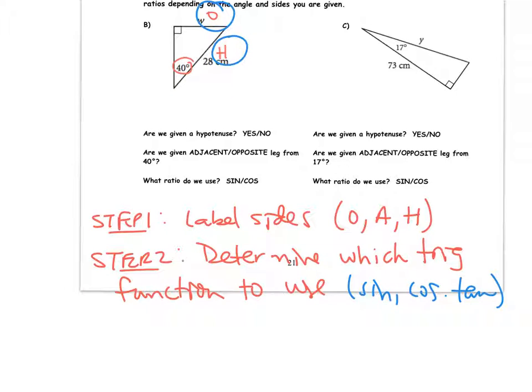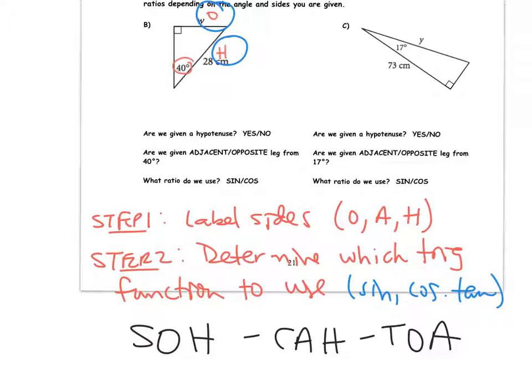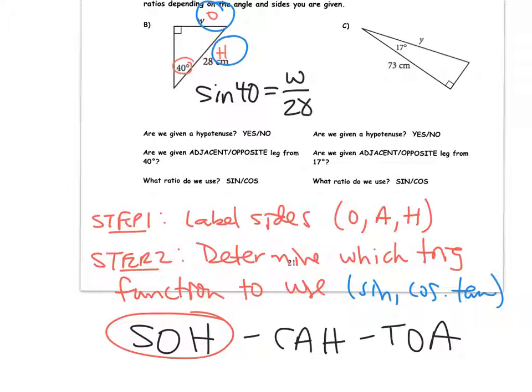Sine. So SOH CAH TOA. So if you need to, reminder, SOH CAH TOA. So the one that uses O and H is sine. Okay, so when we go to write our trig function, we're going to write sine of 40 degrees is equal to the opposite, W, over the hypotenuse, 28.